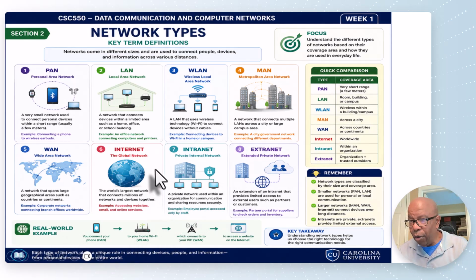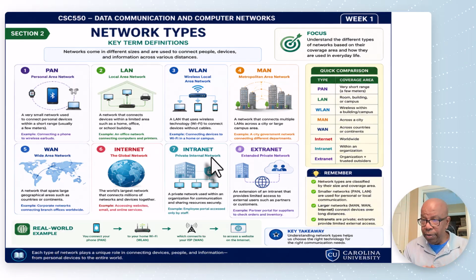And with internet, we have the global network, and we have a private internal network, the intranet. So we've got the internet, which is basically connecting locations outside of where you are. And we have the intranet, which is sort of in the form of a LAN, but it's greater.